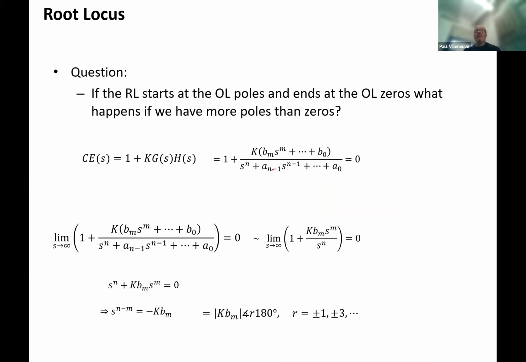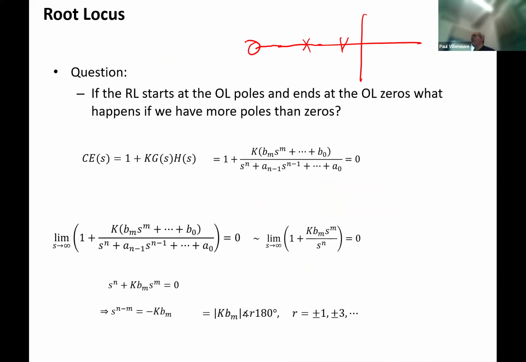So what happens if we have more poles than zeros? Let's think about that. We have more P's than Z's. So let's take a look at that example again. If we have more poles than zeros, let's assume that we only have one finite zero.